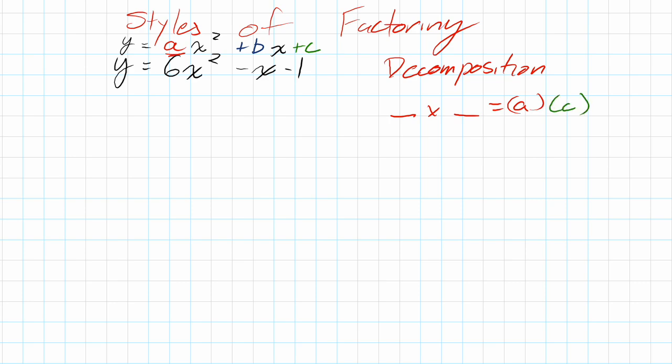So in our case, that's two numbers that multiply to 6 times negative 1, which gives us negative 6. And then same idea for the middle term. We're looking for two numbers that add to whatever the b value is. And in our case, the b value happens to be negative x.